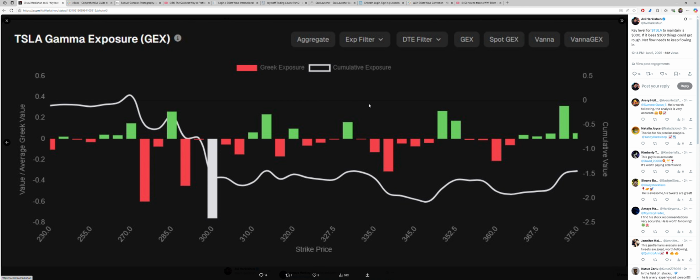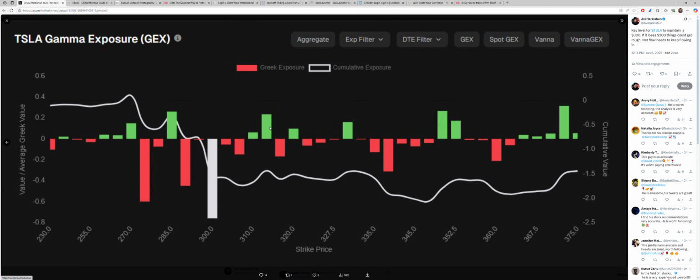Let's look at the gamma. This is the gamma I'm talking about here. This $300 level, you want to stay above 300. If you lose $300 in Tesla, you're going to get pulled to the downside towards that 285, which is going to be a support. You lose that 285, you're back down to 270-ish, where you're going to find support again.